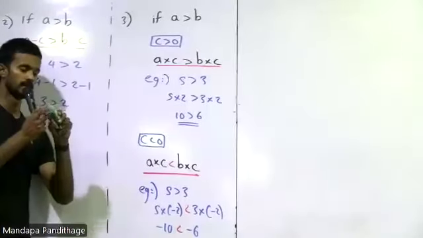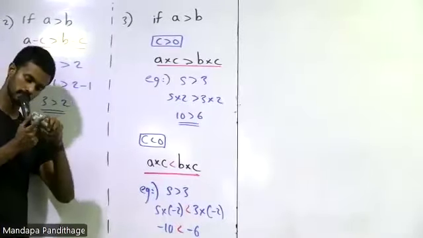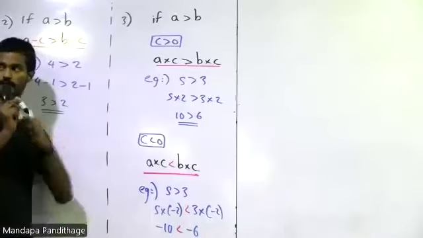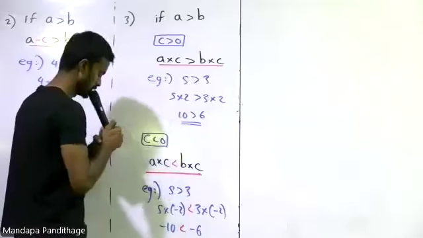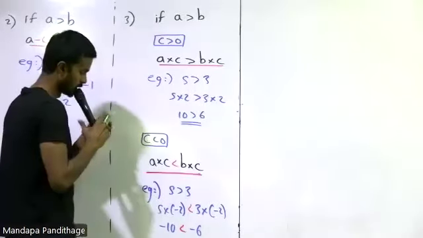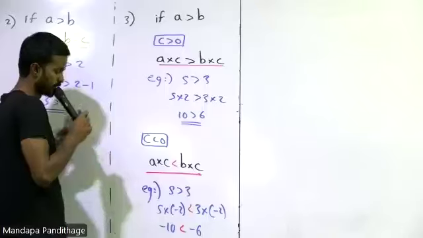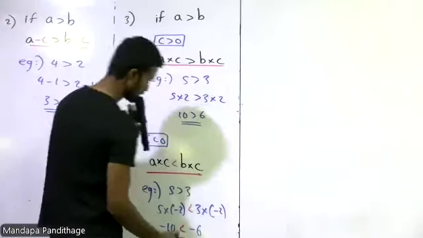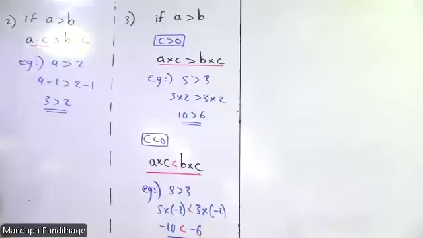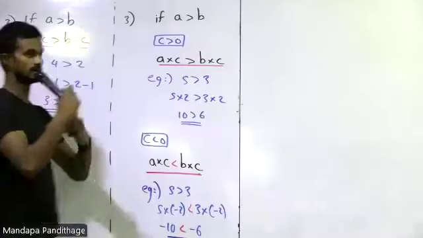Okay, write rule number 3. Both sides of an inequality can be multiplied by the same number.